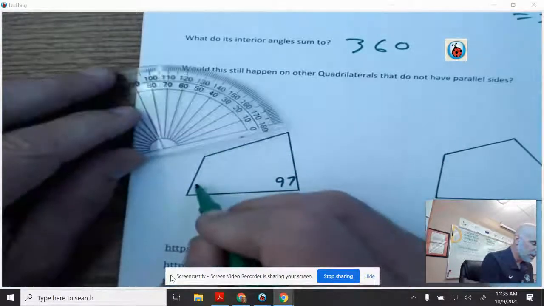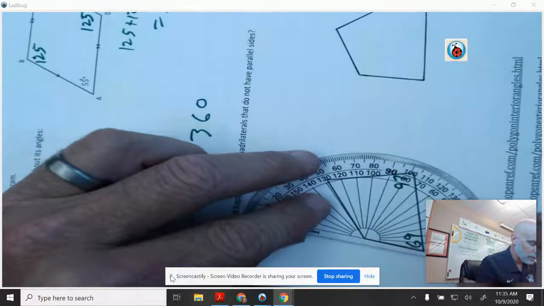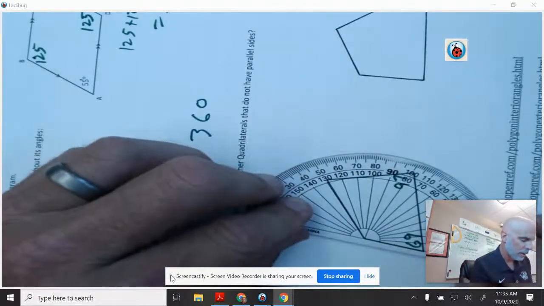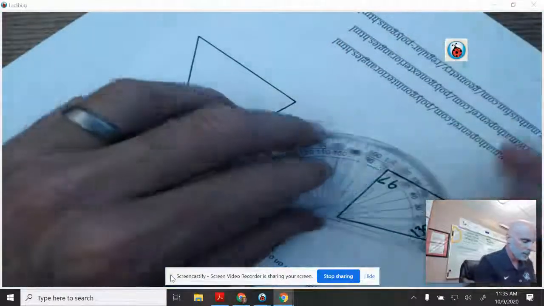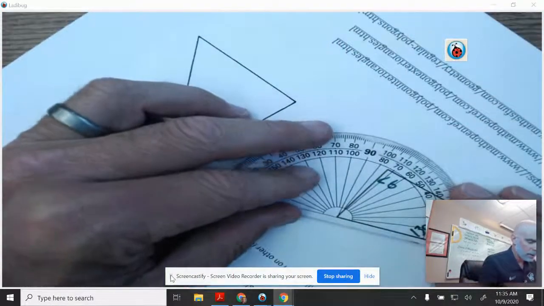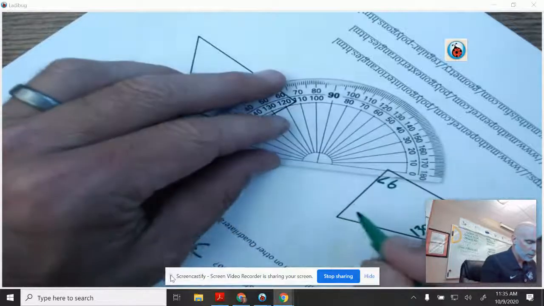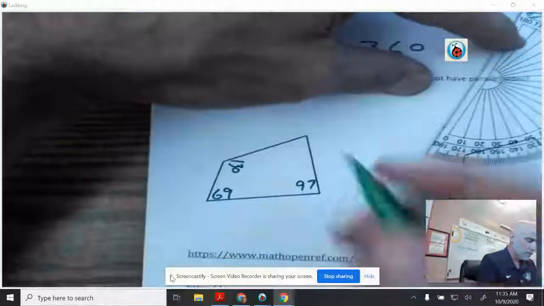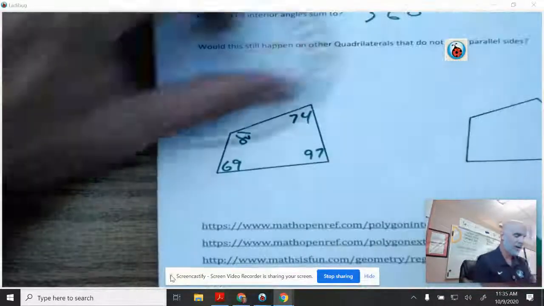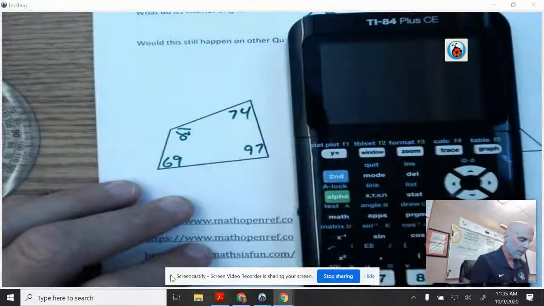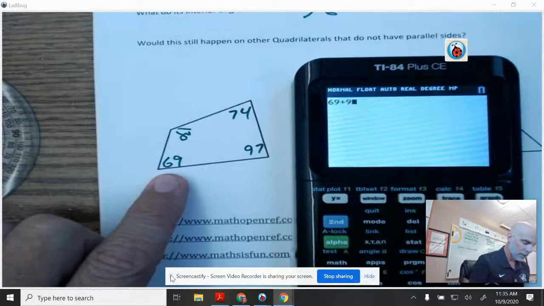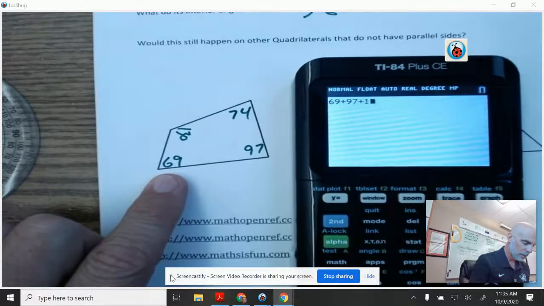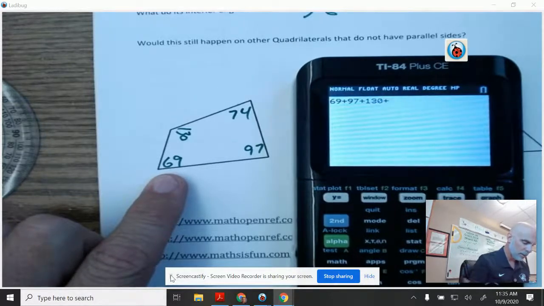That looks like 69 degrees. This angle looks pretty obtuse. That one looks like 130. And this one looks like 74. So if you go to add all those together, if I took some accurate measurements here, 69 plus 97 plus 130 plus 74.